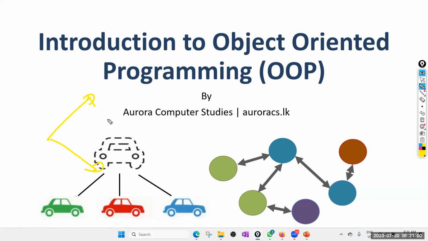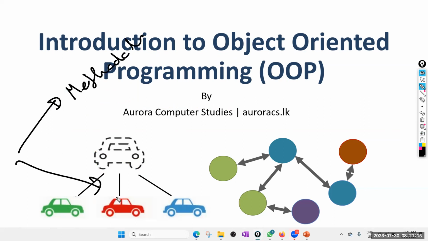So there are two concepts: software development methodologies, and software development methods or approach. Let me use a different color. That is why I want you to get into a discussion with me. Methodologies means how we do the software development.